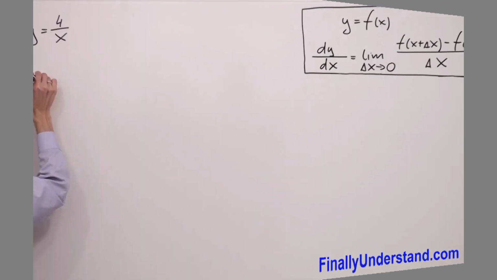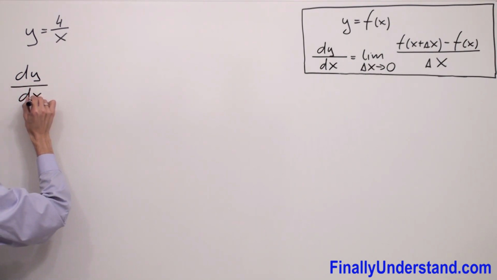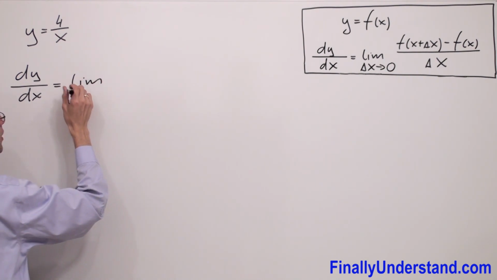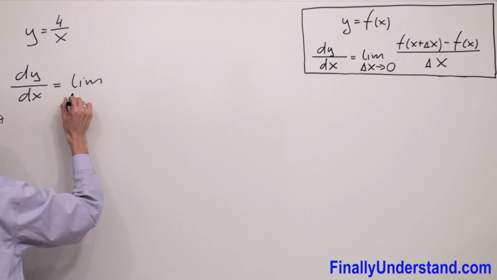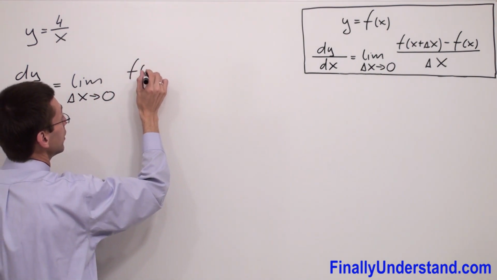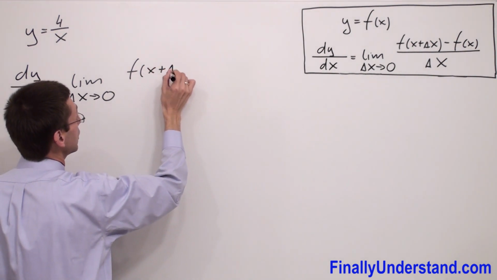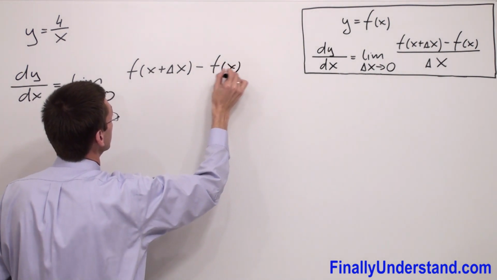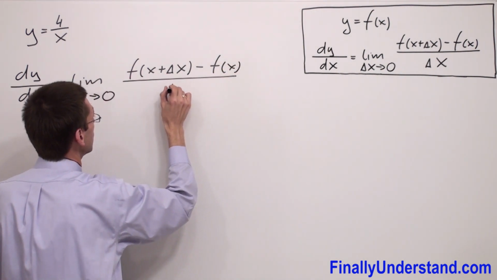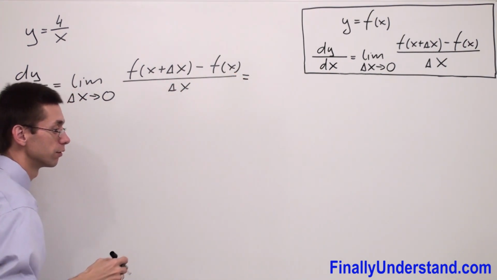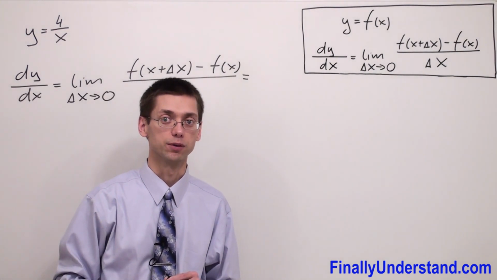So again, we are going to write the formula first. dy over dx is equal to the limit as delta x approaches 0 of f of x plus delta x minus f of x, over delta x. It's always good to write the formula. If you write the formula, you will always remember it.